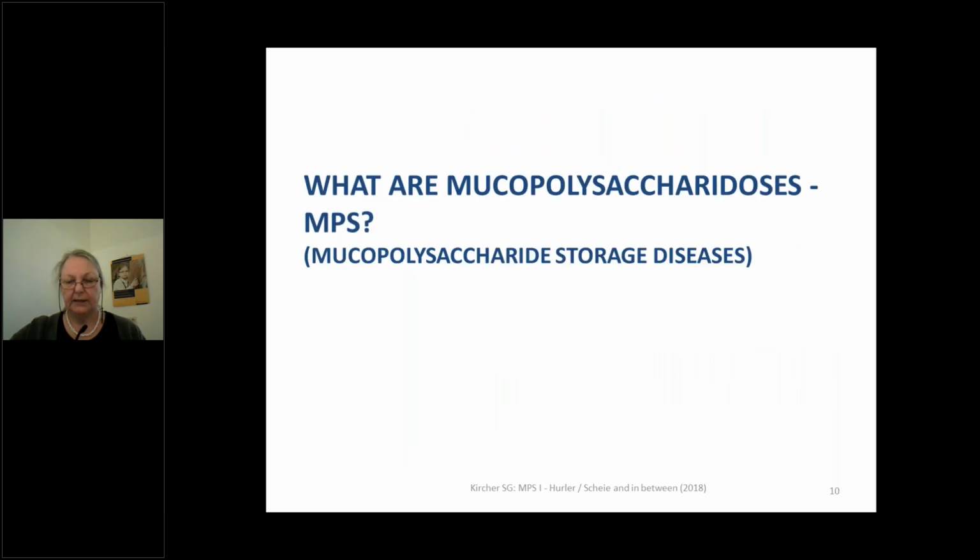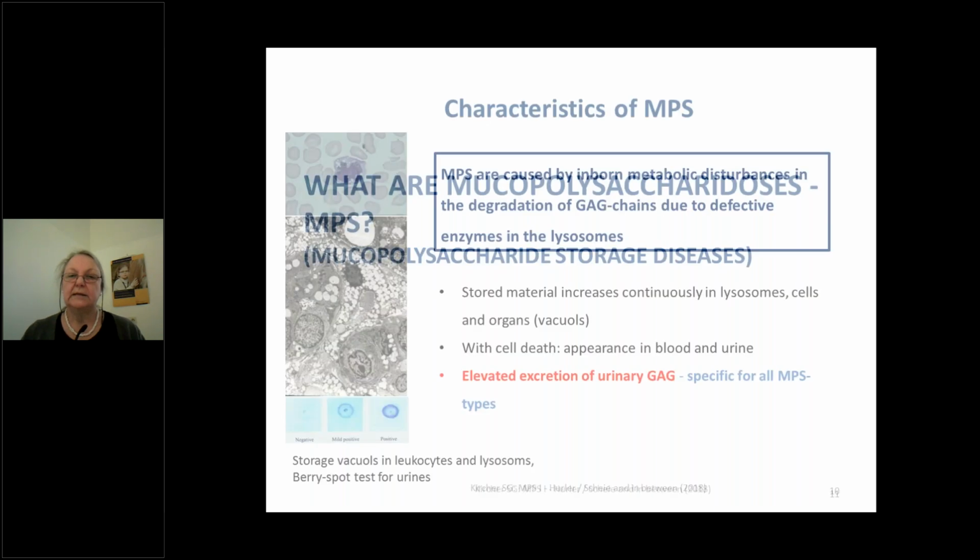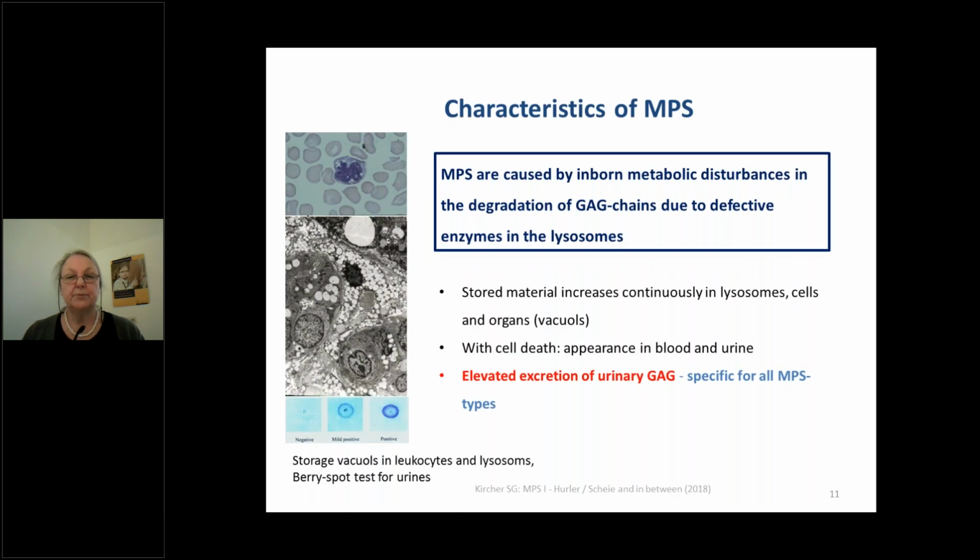The mucopolysaccharidoses are therefore inborn metabolic diseases due to disturbances in the degradation process of GAG chains and due to defective enzymes in the lysosomes. You can see this stored material in the blood cells, where it makes vacuoles, or in the electron microscope.